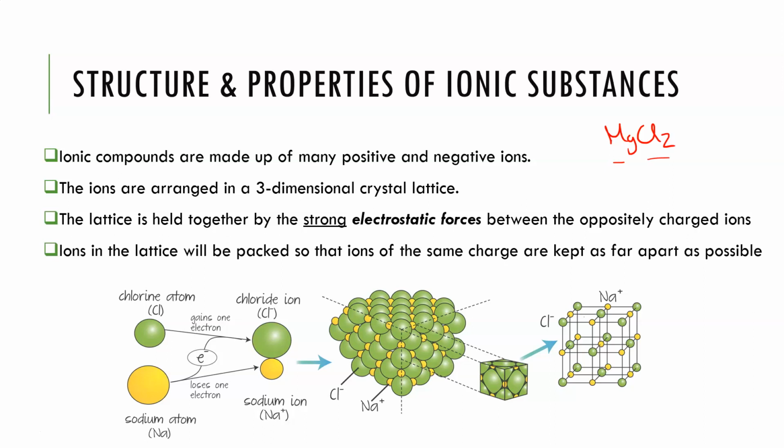So we see that the strong electrostatic forces are keeping them together because oppositely charged ions alternate throughout the lattice. We keep things of the same charge as far apart as possible. And this means that we have a strong electrostatic attraction that permeates the entire lattice, and these ionic bonds are very strong.